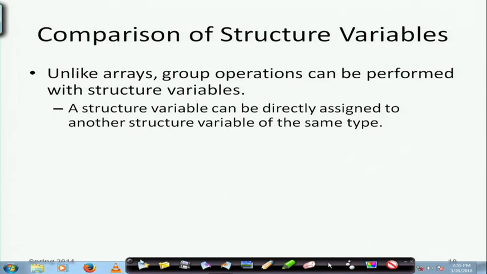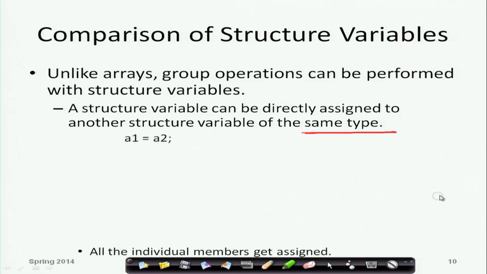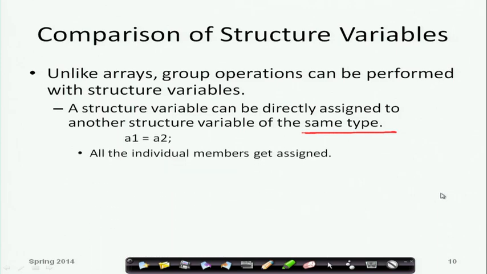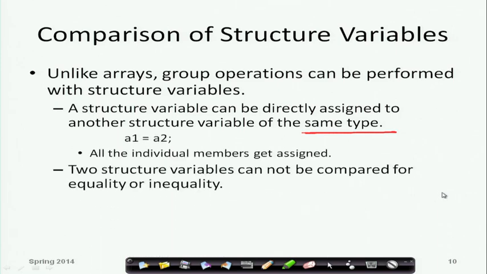However, that is possible in the case of a structure. Secondly, one important thing is that they must be of the same type. Otherwise, of course, the members and the fields will not match. So, A1 assigned A2 I can do. All the individual members get assigned.